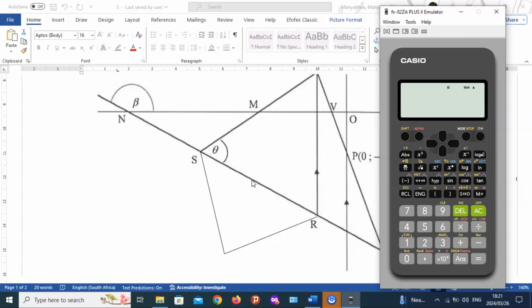The distance is the square root of (-20 minus -4) all squared plus (-4 minus -52/5) all squared, which gives us 16√29 over 5.